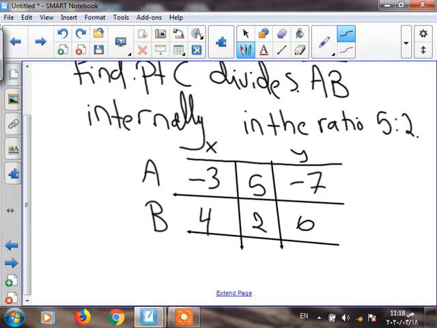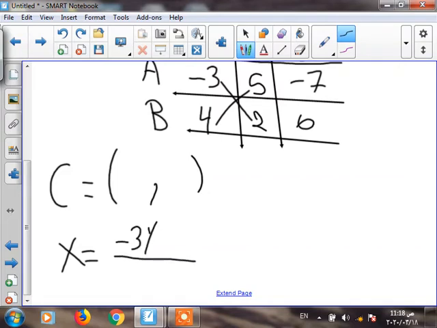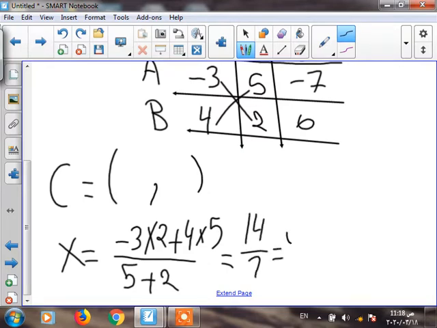So C is an ordered pair consisting of X and Y. X is going to be, look carefully, crisscross: -3 times 2 plus 4 times 5 over the sum of the ratio, 5 plus 2. That is -6 plus 20, 14 over 7, which is 2. So here we have 2.